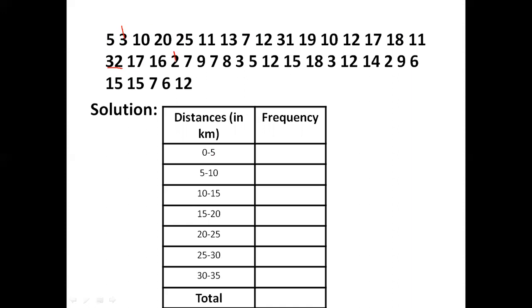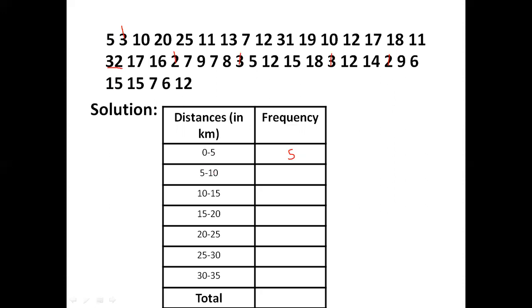Then here there is another, 2, then 3, 4, 5. Yes, we can write the frequency as 5, because only 5 times do we have distances from 0 to 4 kilometers.